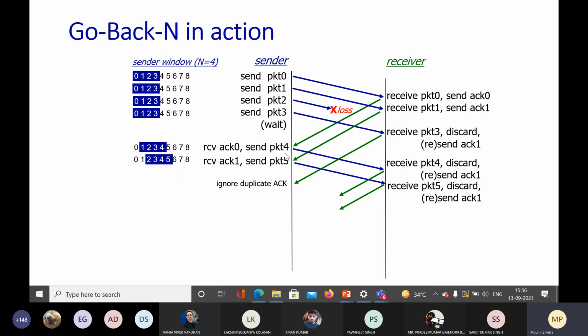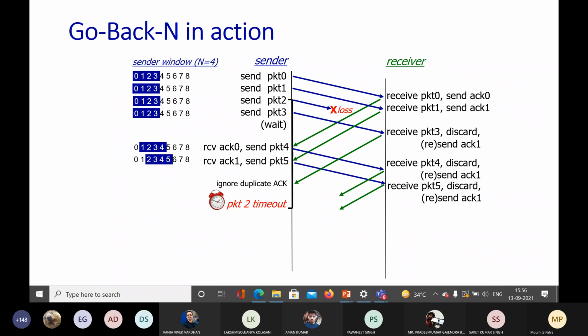But what's happening at the receiver side? Sender has sent packet number 4 and packet number 5 already. But the receiver is still waiting for packet with sequence number 2. So it will simply discard the packet and resend the same acknowledgement. That means it will resend acknowledgement for packet number 1.